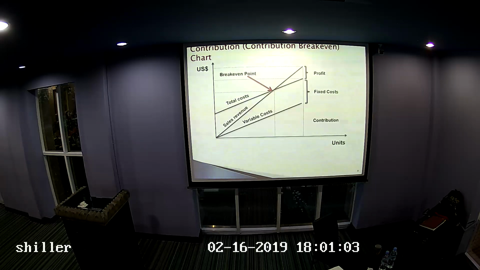Now look at the chart again. Is it correct or wrong? Is this contribution? It should be where? Yes, contribution is these two here together, isn't it? Very good. This is not correct.